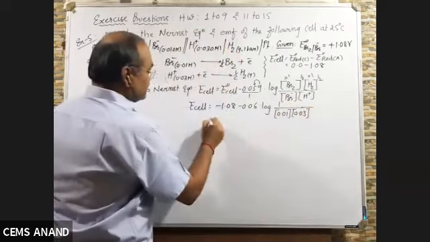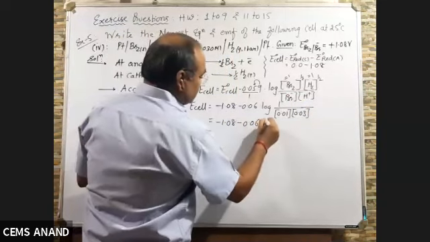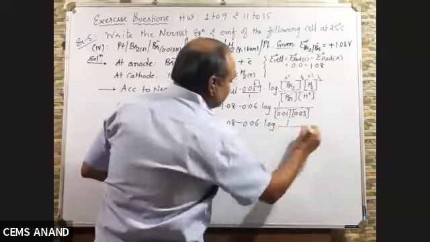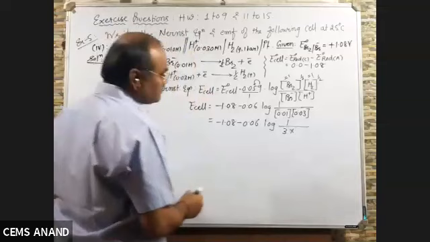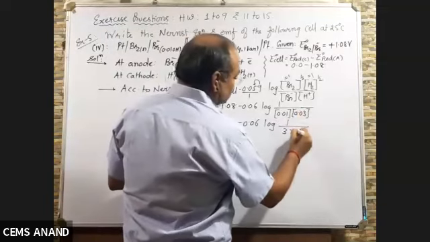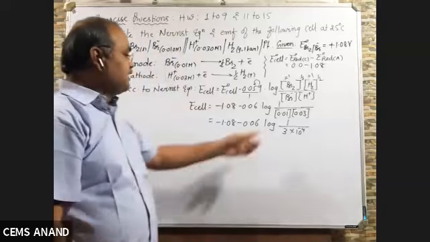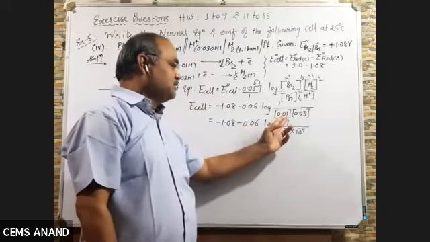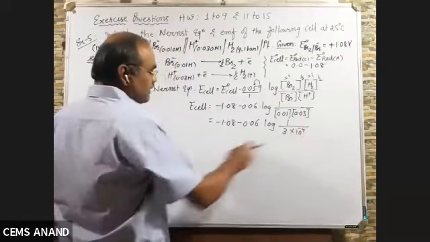So this will be equal to minus 1.08 minus 0.06 into log of 1 divided by 3 into 10 raised to minus 4. This is 1 into 10 raised to minus 2. This is 3 into 10 raised to minus 2. So 10 raised to minus 4.